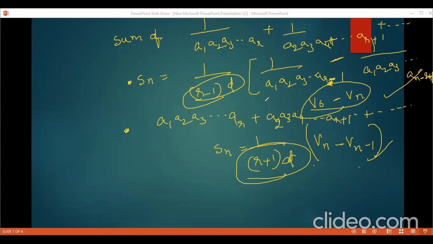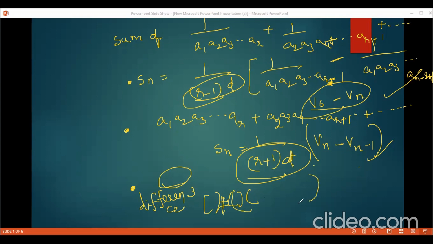In this way, we can easily do the special series. Okay, got it. But the third type is what we have taken. Sometimes there is a mixing of all the things, so you can solve that just by taking the difference. That is the difference method. If you take the difference, you get one term plus some AP, so you can apply the sum to n terms to the AP and add the first term.